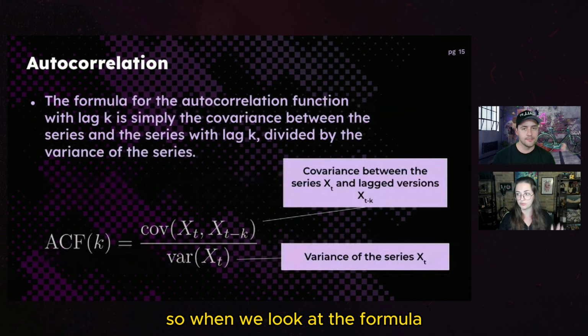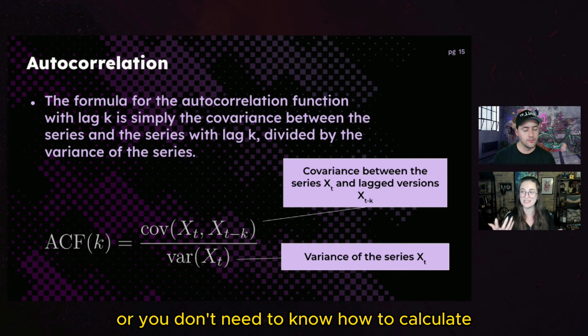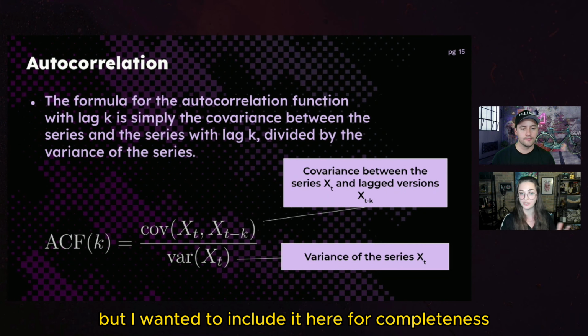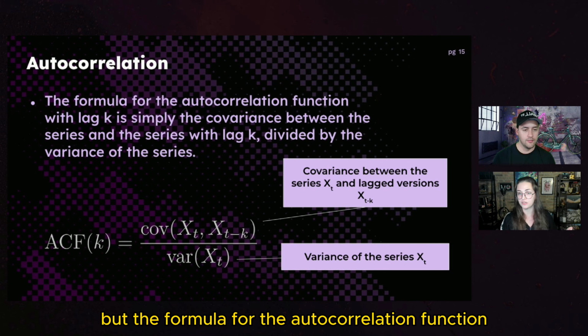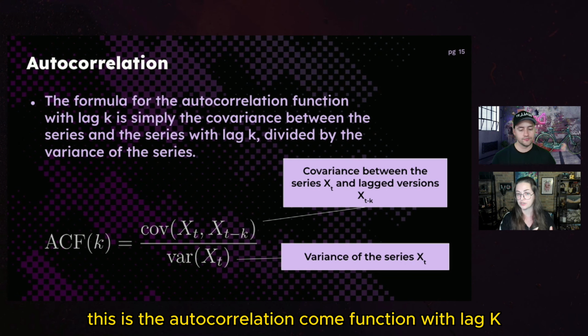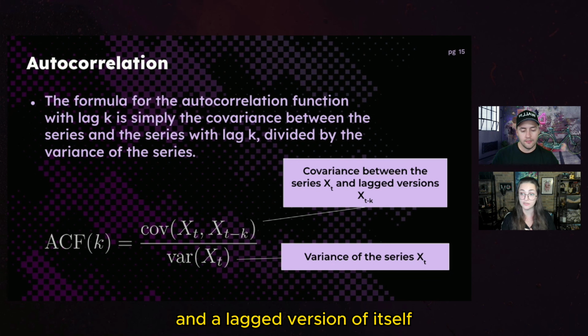When we look at the formula, and this is something you don't need to know how to create or calculate, but it's needed in order to use it, I wanted to include it here for completeness. The formula for the autocorrelation function, which is represented as ACF(k), is the autocorrelation function with lag k. That is simply the covariance between the series and a lagged version of itself divided by the variance of the series.